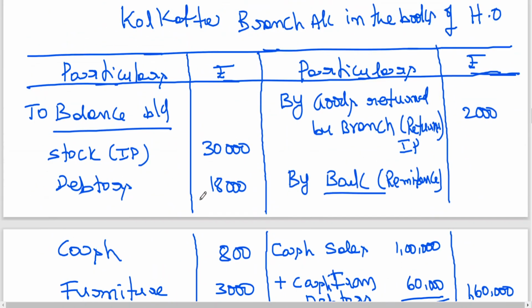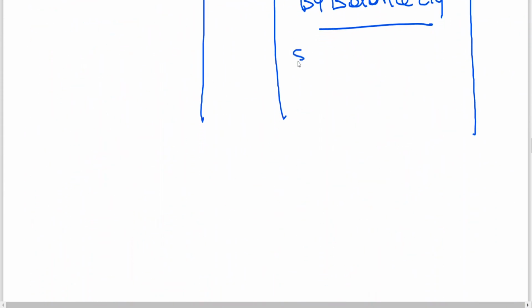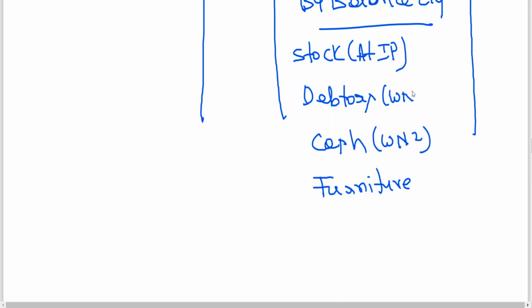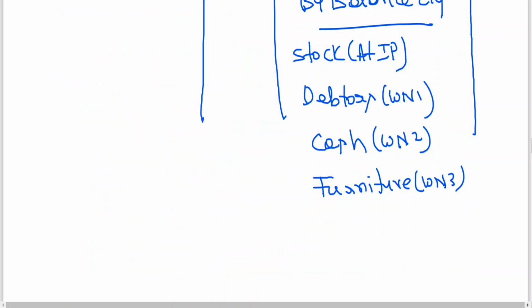We are having 4 items: stock, debtors, cash, furniture. Stock, he himself has given in the problem, 28,000. Invoice price has been given.